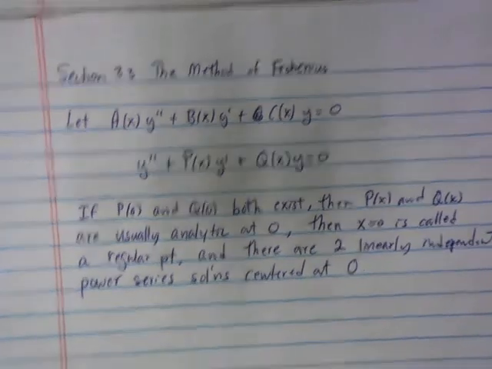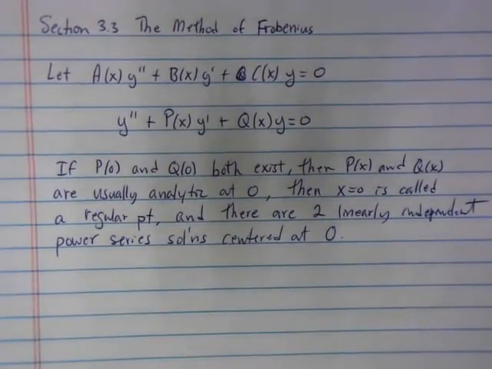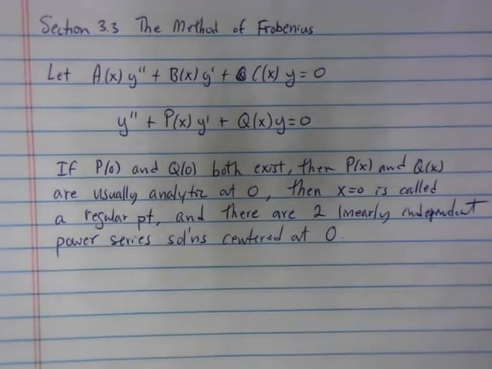So that was section 3.2. We found solutions at what were called regular points. And 0 was a regular point. P of 0 and Q of 0 both existed, and both had power series expansions.